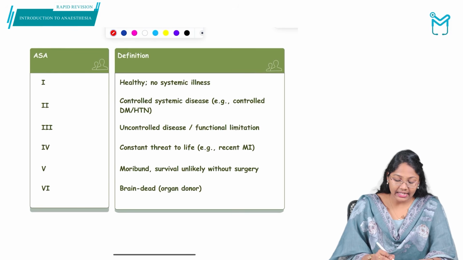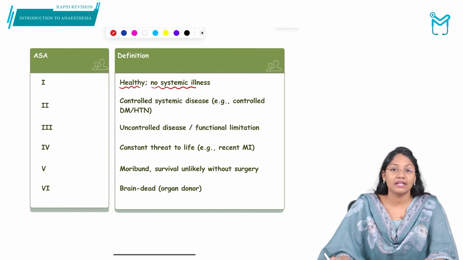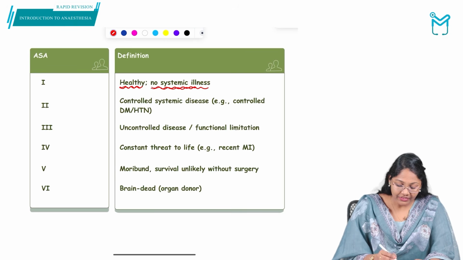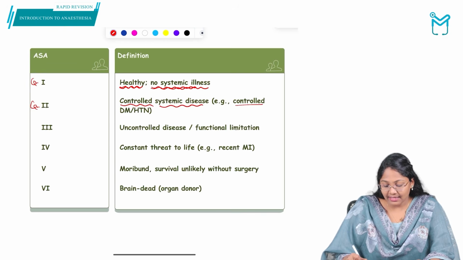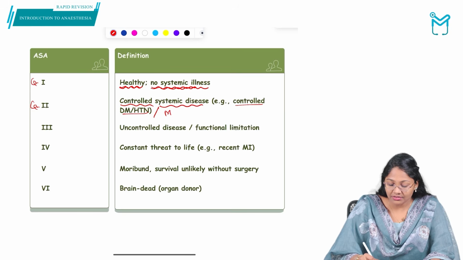We have a grading. Grade 1 is healthy patients who don't have any systemic illness. So this patient is fit for anesthesia. Now coming to grade 2, controlled systemic disease, or you can also say mild systemic disease.